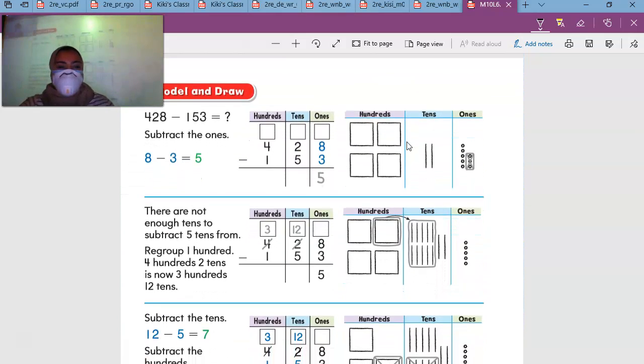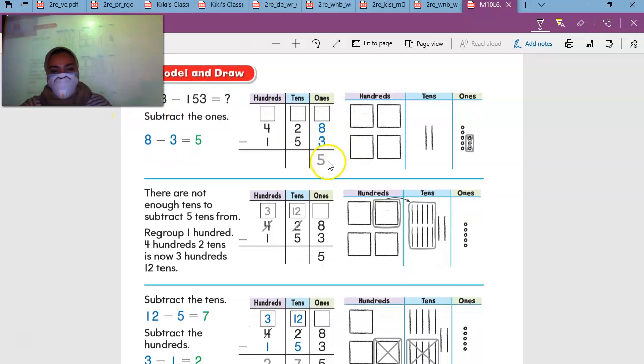428, take away 153. The first thing you do, as I said, is you subtract the ones. That's an easy subtraction problem. 8 take away 3 is 5. Now 2 take away 5. Can you do that? No, because the top number is smaller than the bottom number.